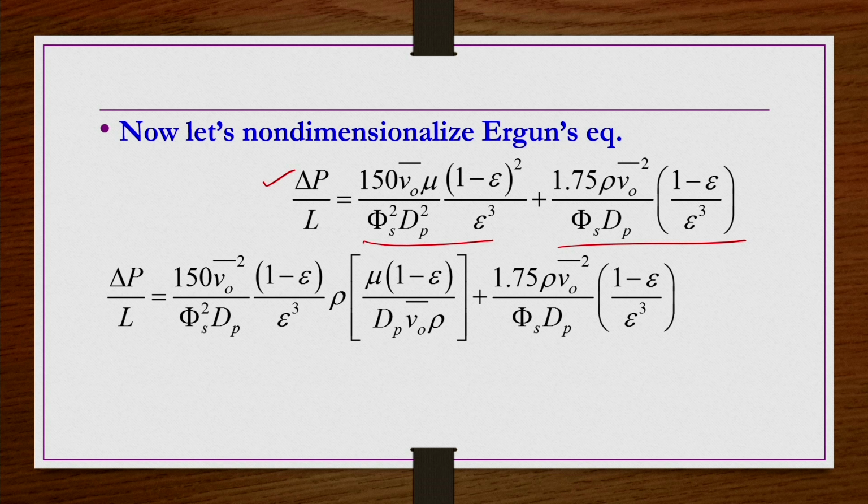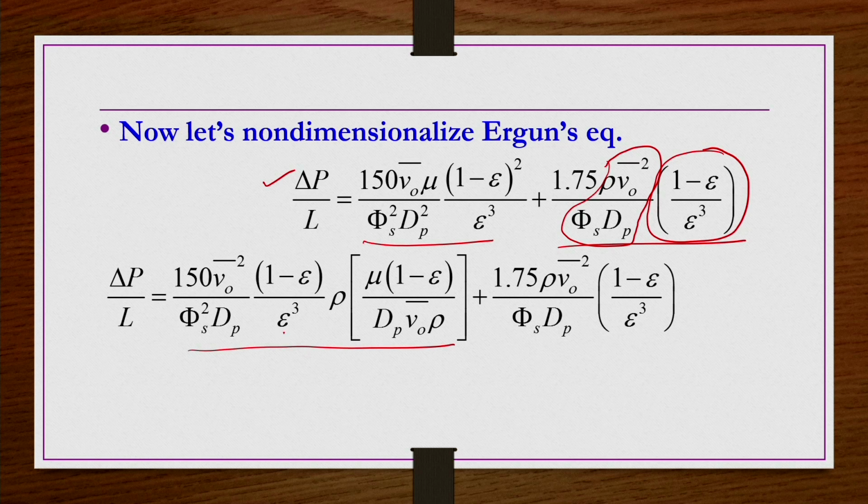Rather than rearranging, what we do is take this particular term, the first term, and arrange it such that rho V naught bar square by phi s dP and 1 minus epsilon by epsilon cube is kept here on the right hand side also.